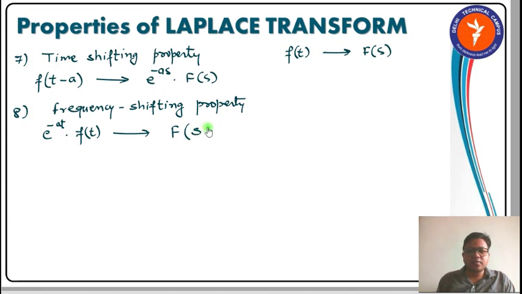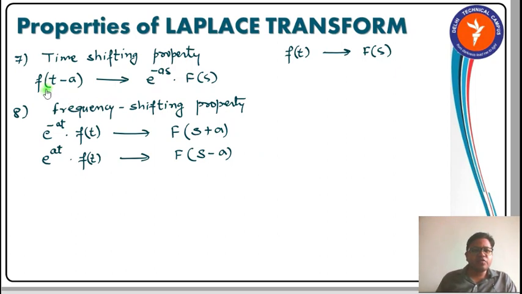It will be F(s plus a). And if I multiply e raised to power at with f of t, then its Laplace transform will be F(s minus a). That is, whatever is the component here, its negative will be added here. We had a here, so its negative is added here. If we had minus a here, its negative is added here.